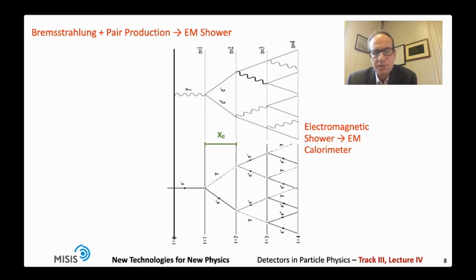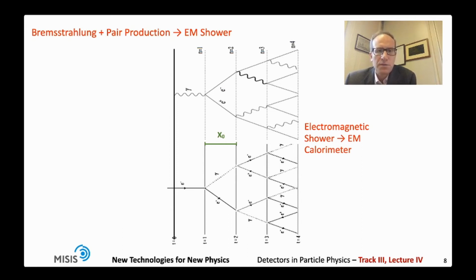Starting from 1 electron, you end up with an electron and a photon after 1 radiation length, and so on. And with the photon you end up with 2 electrons, and then from each of these electron-positron pairs you end up with another couple of pairs for each of them.